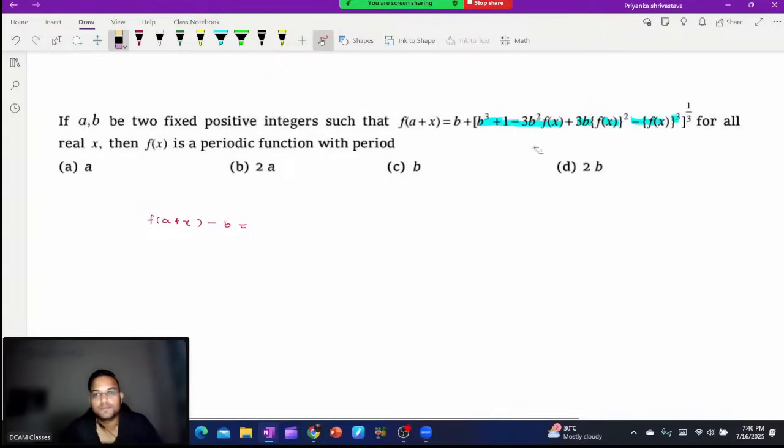If I leave only this part, I can write this as 1 plus b minus f of x, could write it as 1 plus b minus f of x whole cube. a cube plus b cube, a cube minus b cube minus 3a square b minus 3ab square.